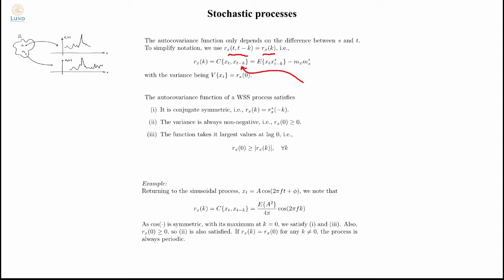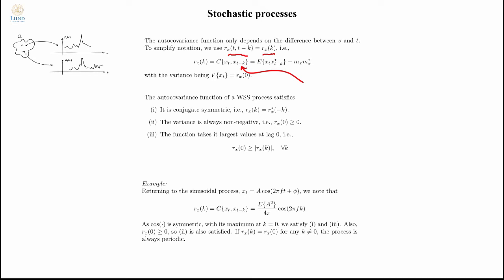I have chosen the t minus k here because that is my personal preference. It will only affect the notation in the following. So you'll get conjugates floating about and minus and plus signs. So you will have to stick with one notation, but it really doesn't matter. But you should be aware that you will see both forms of notation in the literature, and there's nothing wrong or right with either of the two.